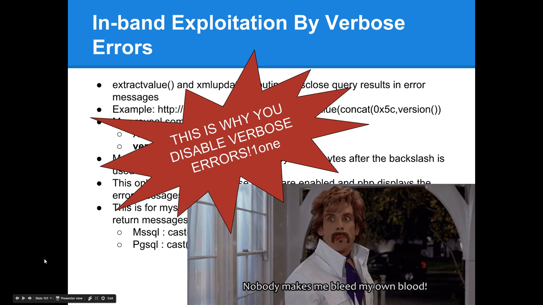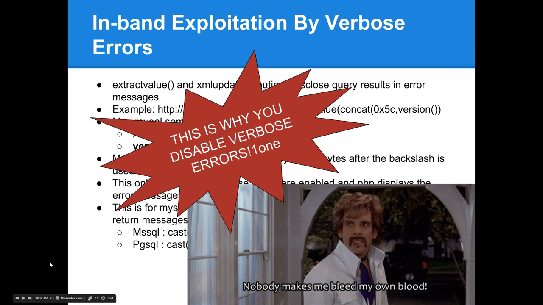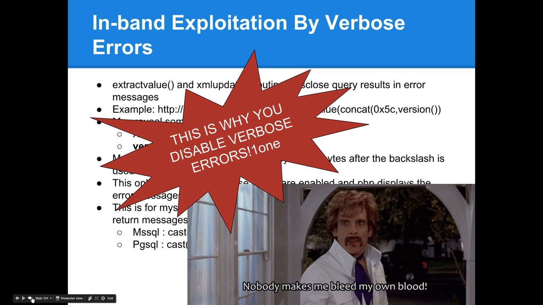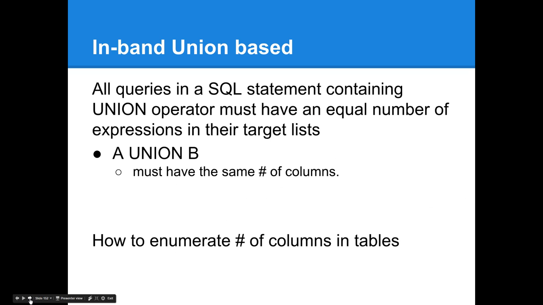And this is why you disable verbose errors. You should not be showing syntax errors and other forms of errors to users, ever, period. They should be filtered both at the MySQL level as well as the web server and PHP level.